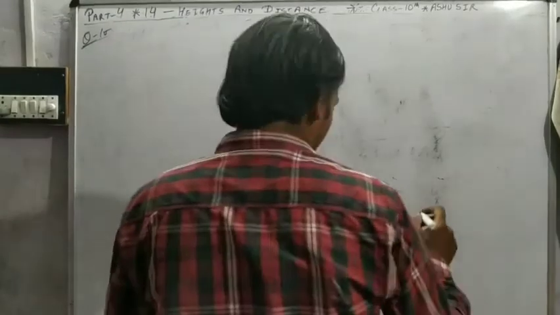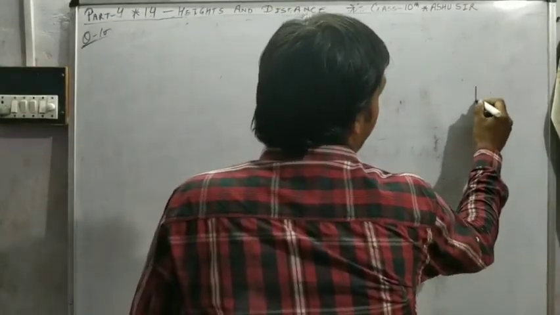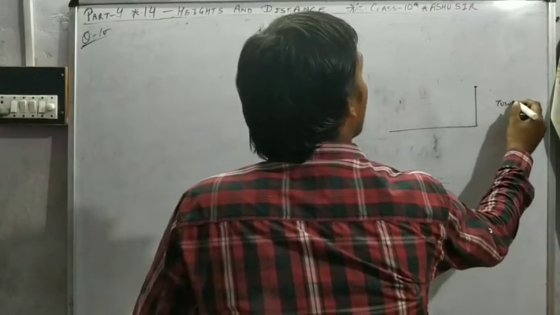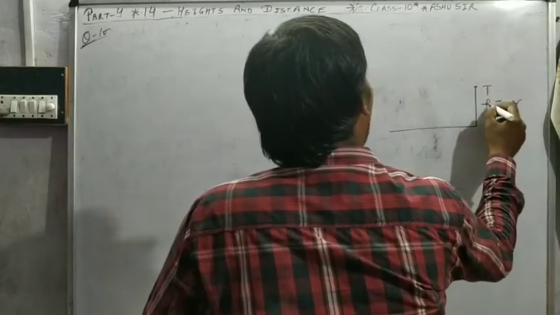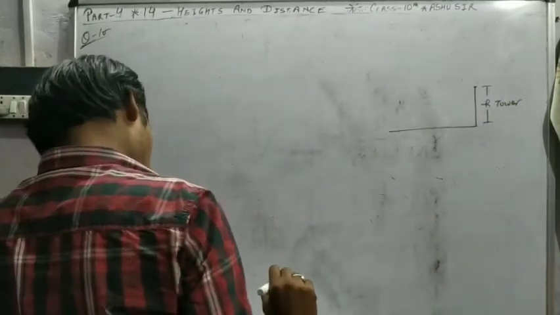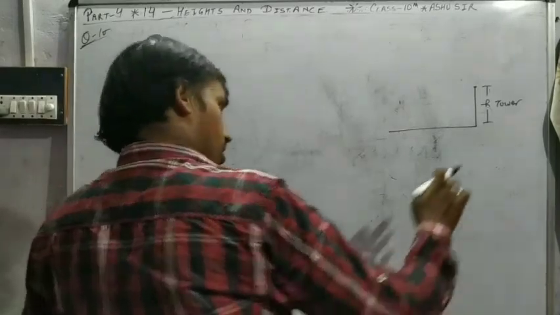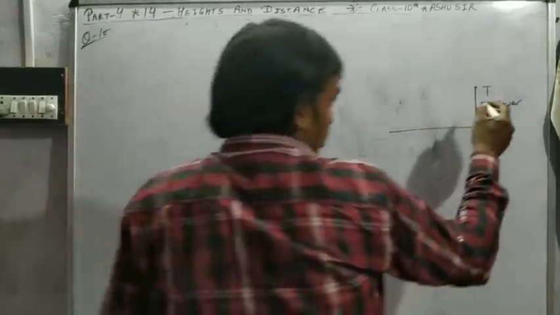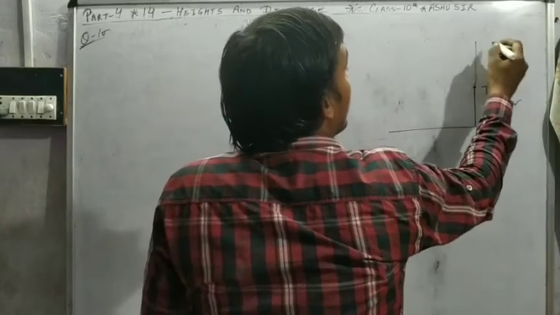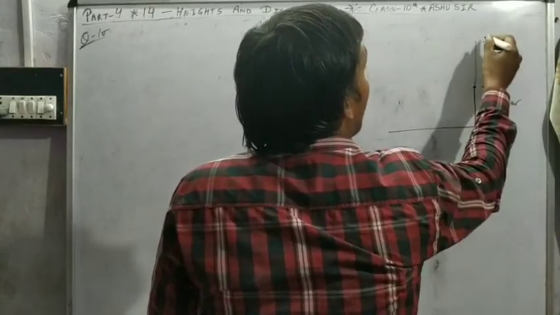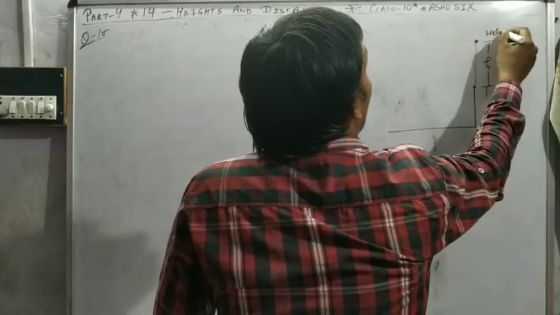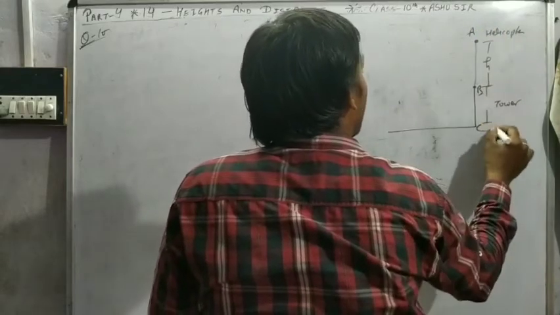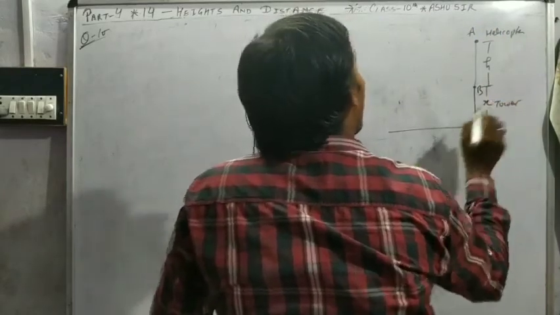A vertical tower stands on a horizontal plane. This is the tower. A helicopter passes h meter above the tower, because it's already given. The helicopter is h meter above the tower. Okay, A, B, C, and the height of the tower, suppose that x.